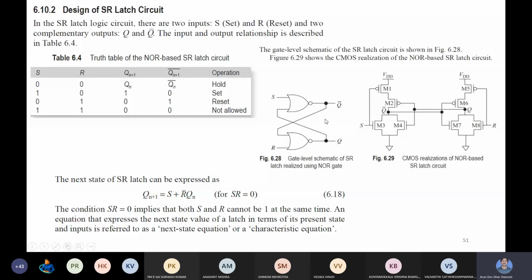S is coming. Basically here we can explain Q bar and Q. How Q is basically R plus Q bar, and then bar. Q, how it is coming. Q is because this NOR gate is having how many inputs we can see.